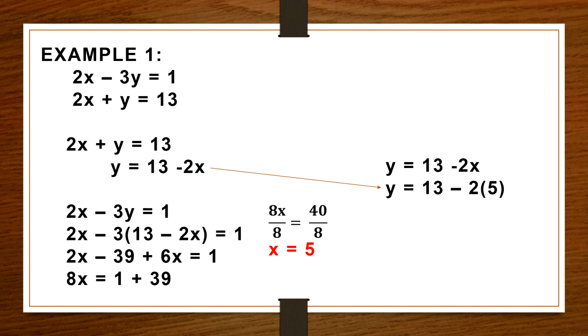So y equals 13 minus 2 times 5. Multiply negative 2 and 5: negative 10. Then subtract: 13 minus 10 equals 3. So the value of y equals 3 and the value of x equals 5.